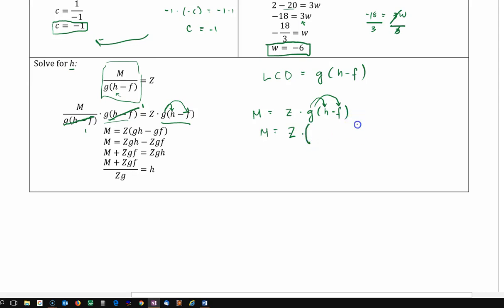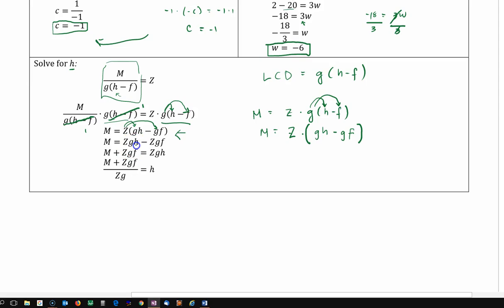But we have to put parentheses because it's a whole entity. gh minus f. Let me make that nicer. That's what we have here. So we now distribute the z because the parentheses are an obstacle. So we have this now.